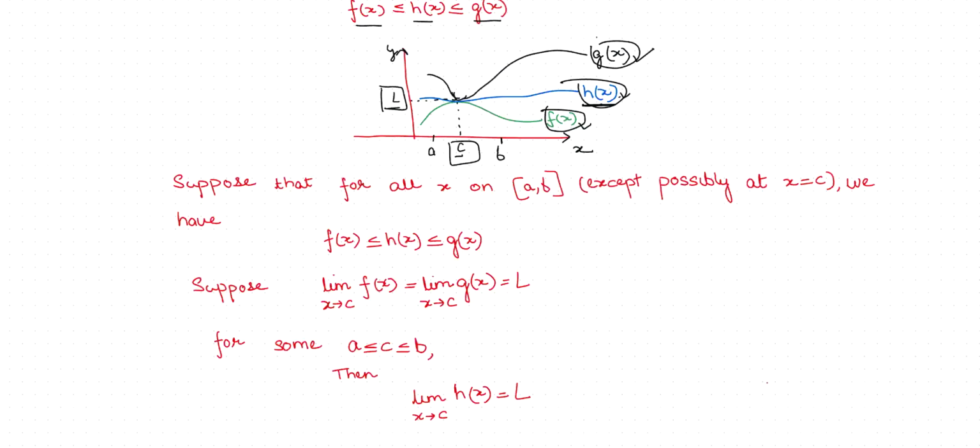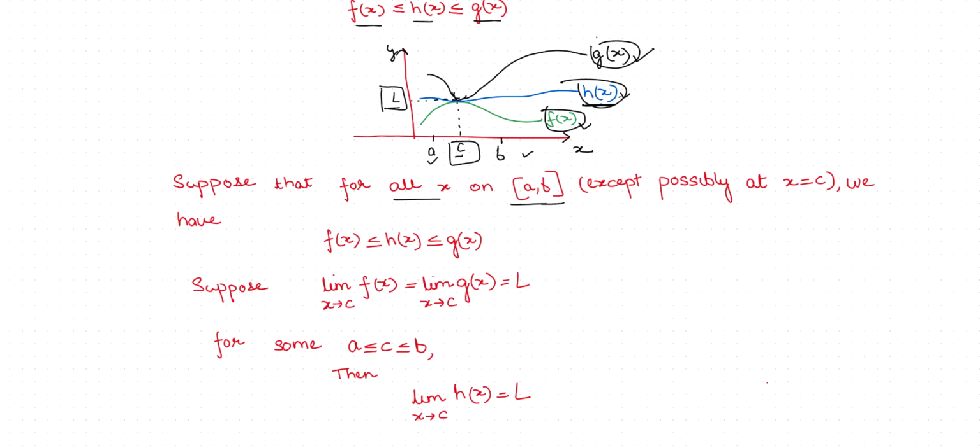So squeeze theorem says that suppose that for all x on the range between A and B, and C is in between A and B, except possibly at C, we have the function f of x is less than h of x is less than g of x.